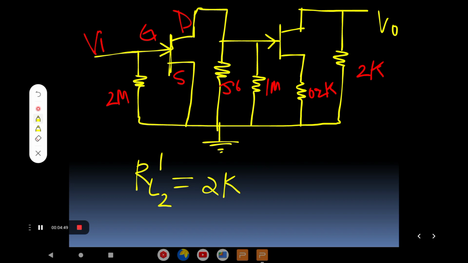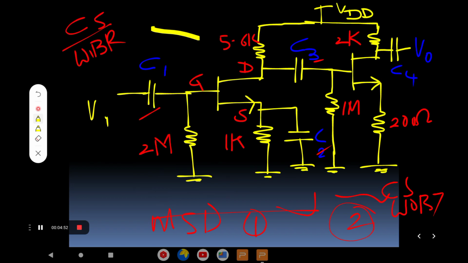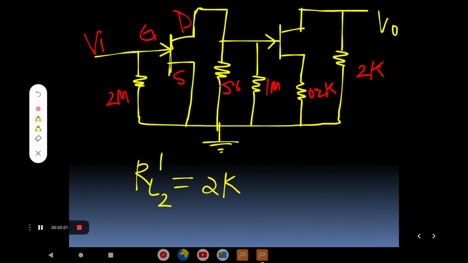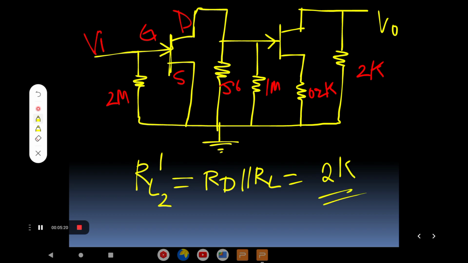The general formula for RL dash is RD parallel with RL. Since we don't have an RL value here, RL dash equals RD, which is 2K. That is the final value for RL dash, and that is the one value.